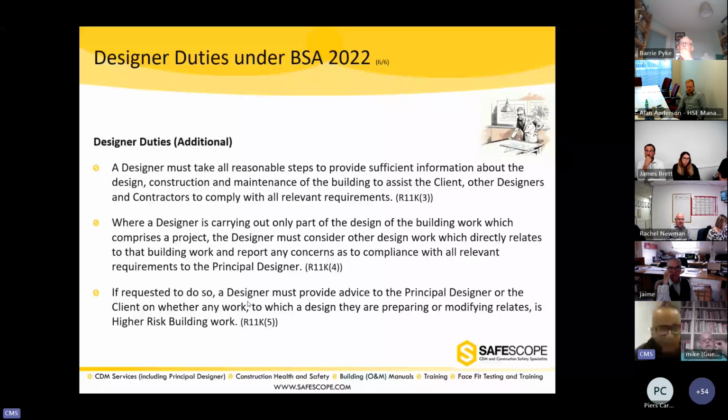So it's not only that they are required to ensure that their own design complies with the building regulations, but if they see any holes in the design of others, where they see that other people's design is not compliant with the building regulations, they must raise a concern.